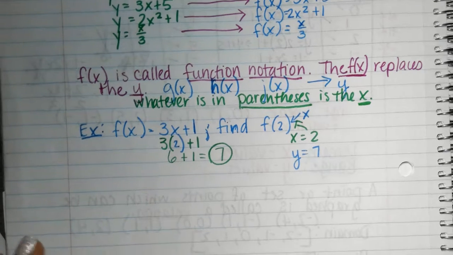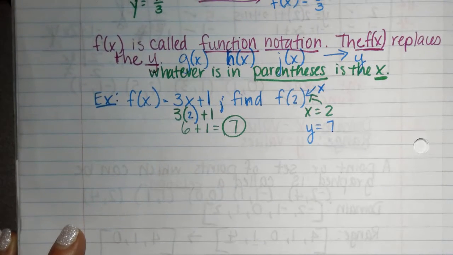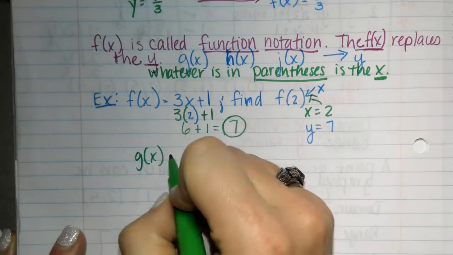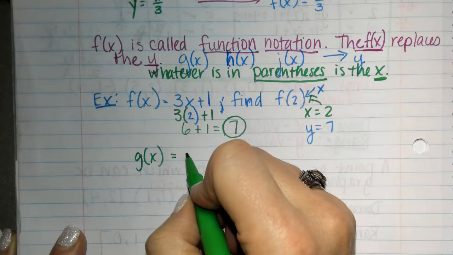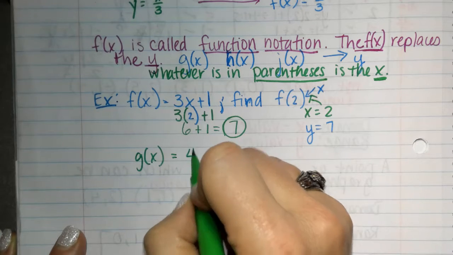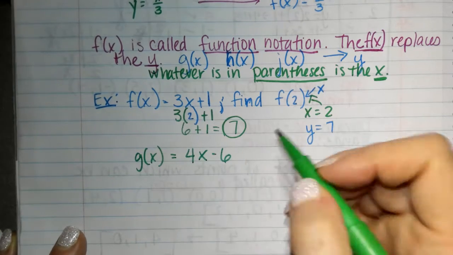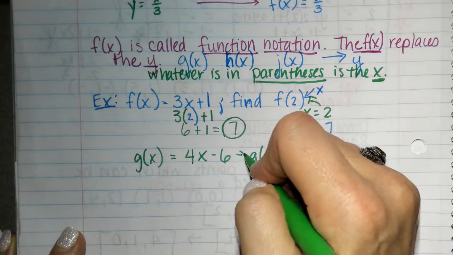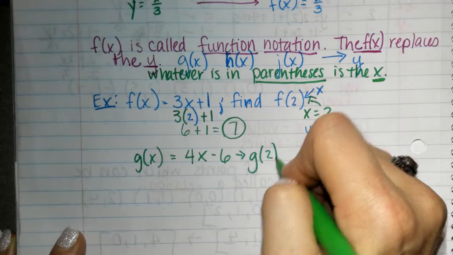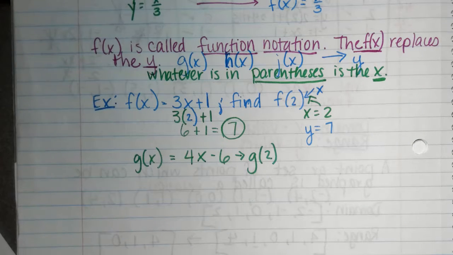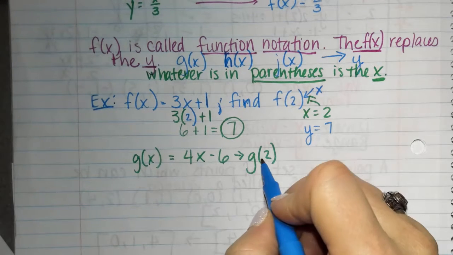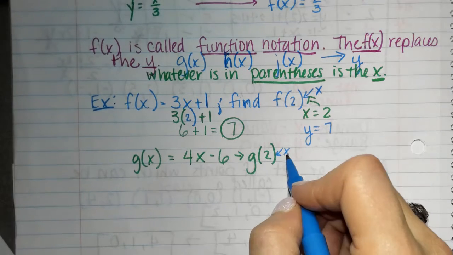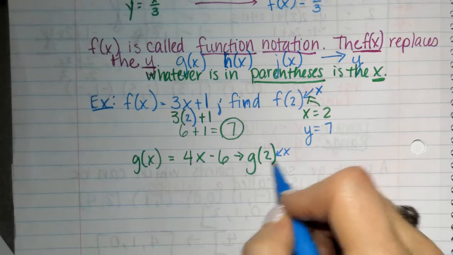Okay, let's do another one. Find g of x in this function, 4x minus 6. And you're going to find g of 2. So everywhere you see an x, you're going to substitute a 2 because that's your x.